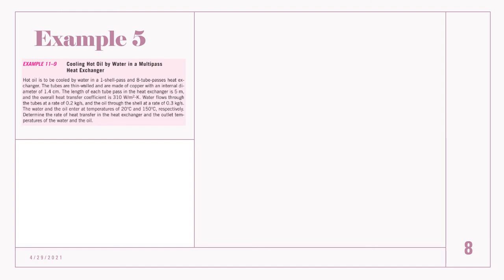Hot oil is to be cooled by water in a shell, one shell pass, 8 tube passes heat exchanger. The tubes are thin wall and are made of copper with an internal diameter 1.4 cm. The length of each tube pass in the heat exchanger is 5 meter and the overall heat transfer coefficient is 310.